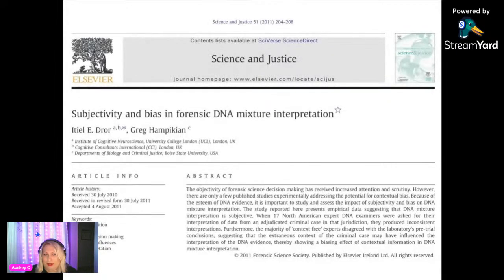E.D.L. Jor and Greg Hampikian have also written about subjectivity and bias in forensic DNA mixture interpretation. They reported some empirical data that suggested that DNA mixture interpretation is subjective.